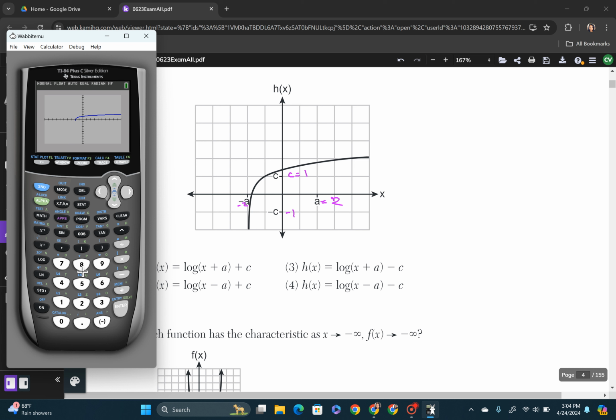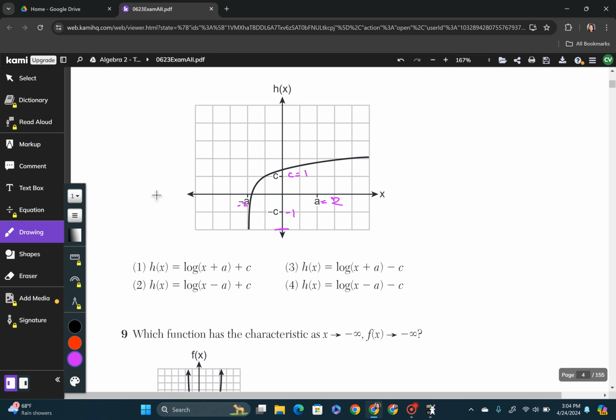And I want it to give me like these points. Let's see if I can even make this a little bit better. So my y min is -2, my y max is 1, 2, 3, 4, 5. So I'm going from -2 to 5, and my x min is -1, -2, -3, -4, -5.